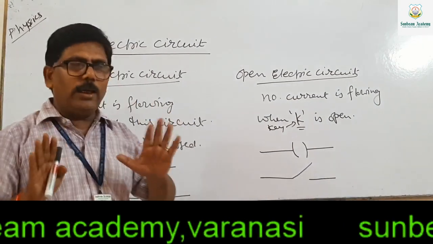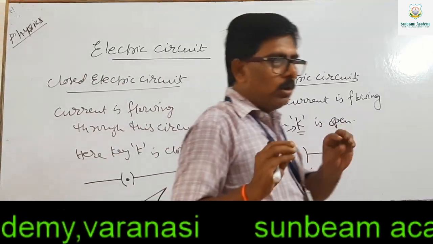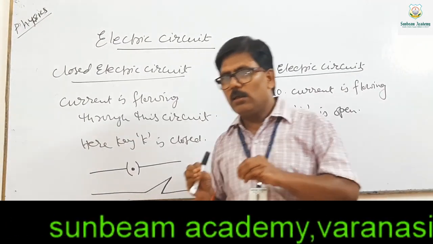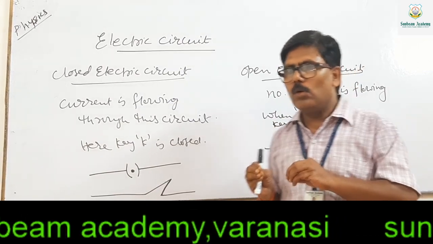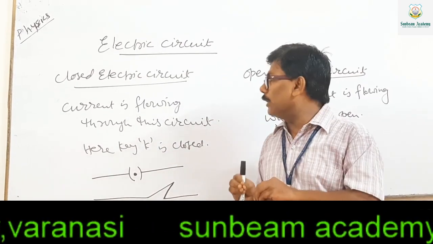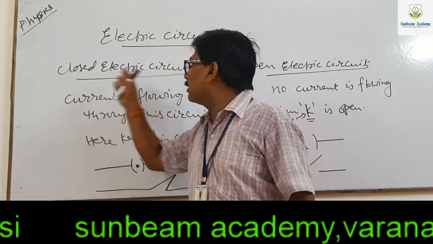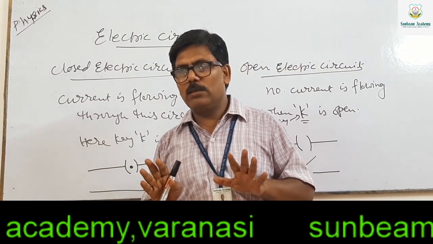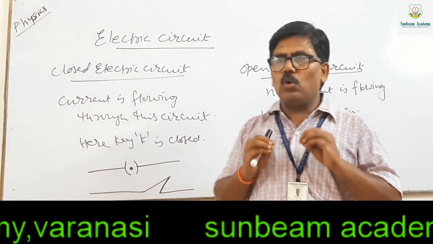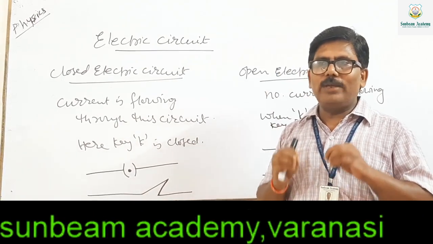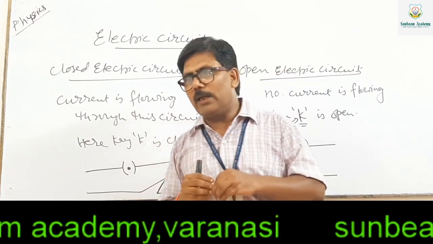So till here, I hope you are able to understand what is electric current and what is electric circuit, what is the SI unit of electric current and how electric current is measured, what is a closed electric circuit and what is an open electric circuit. Children, please go through this topic once again, and if you have any confusion you can ask during the questionnaire period.